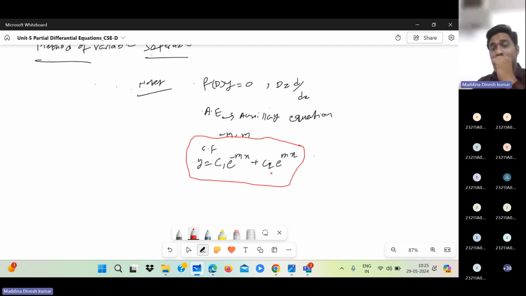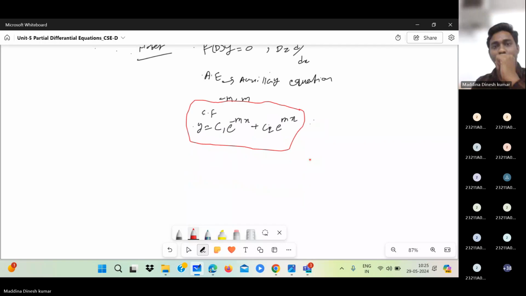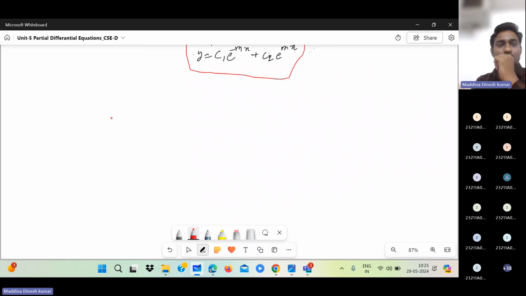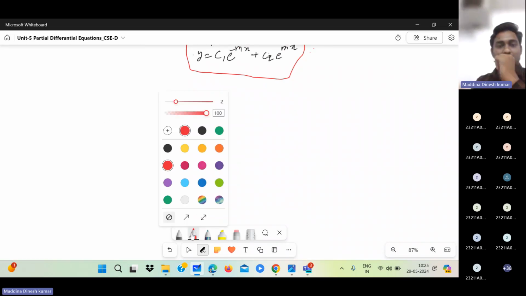Two distinct and real roots are there means you can write like this: c1 e to the power of minus mx plus c2 e to the power of mx. And next I will proceed to do one problem, then you will get clarity.